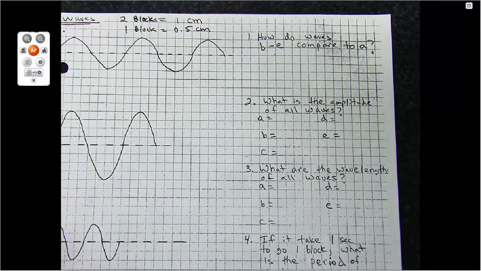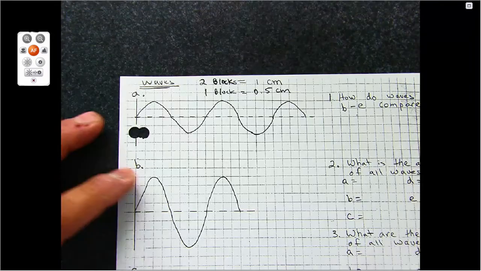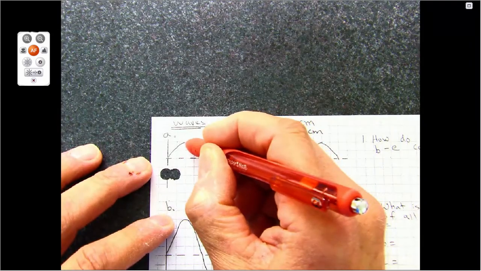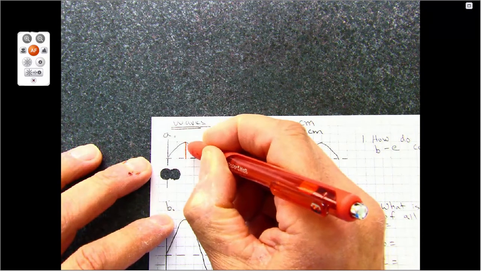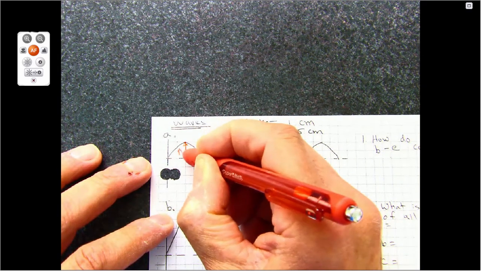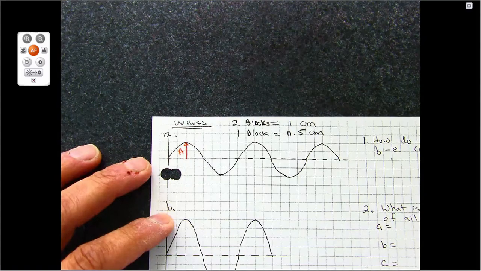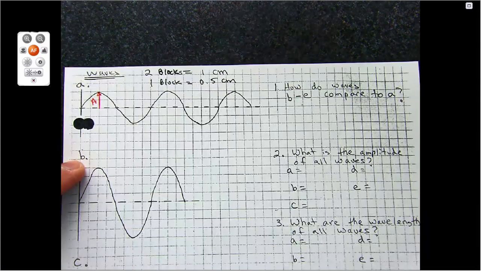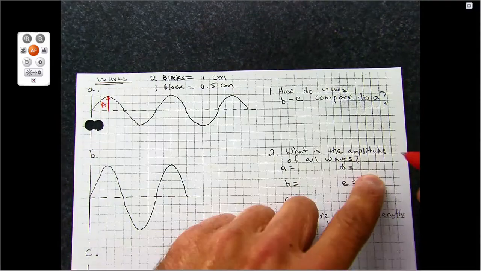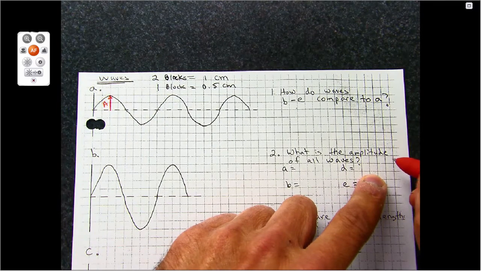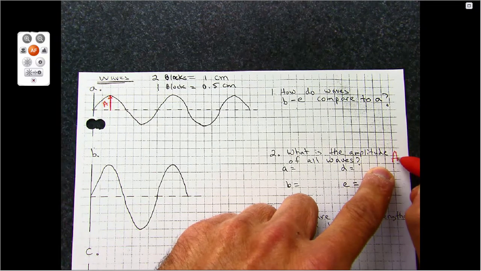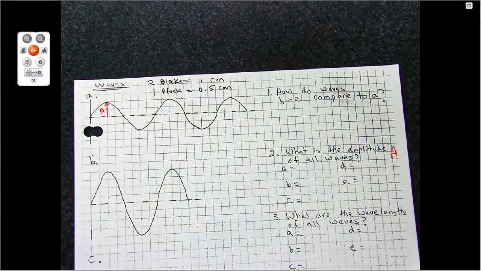So let's identify some of this stuff on the wave. The height of this wave here is our amplitude, A. So this is our amplitude, A. I'll put an A here too.